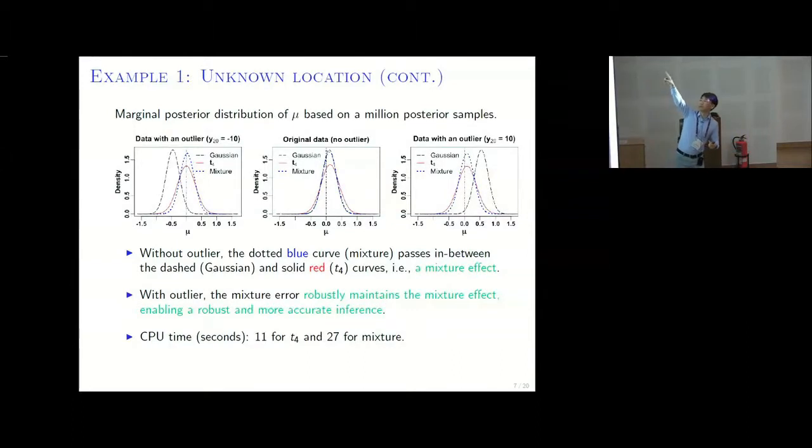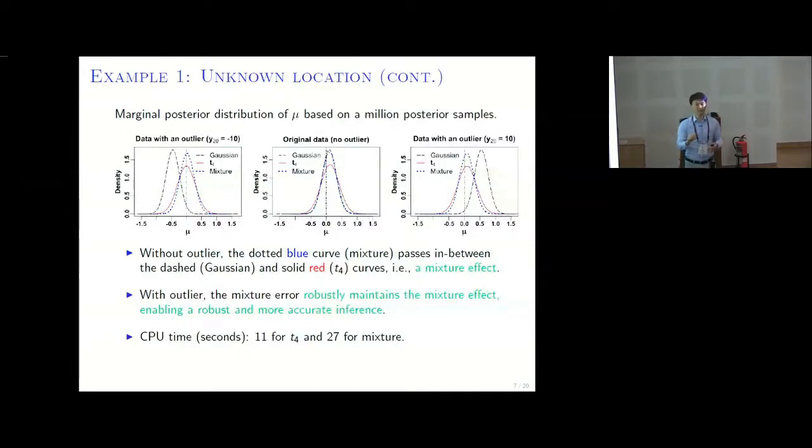If you see the solid red curve, which is from the T error model, this curve has the widest spread, because this assumption imposes an unnecessarily heavy tail assumption on Gaussian data sets. So you are losing some efficiency by mismatching the error models.